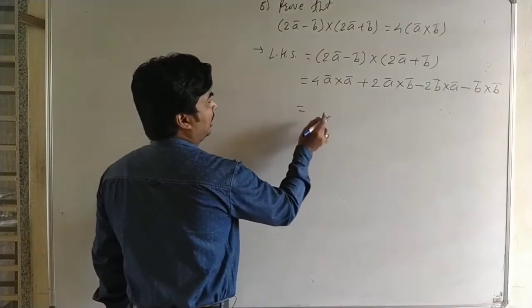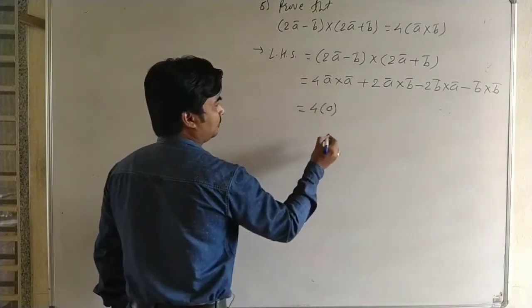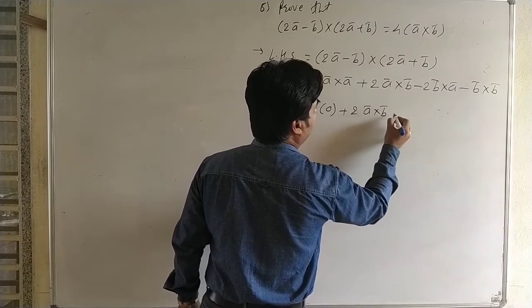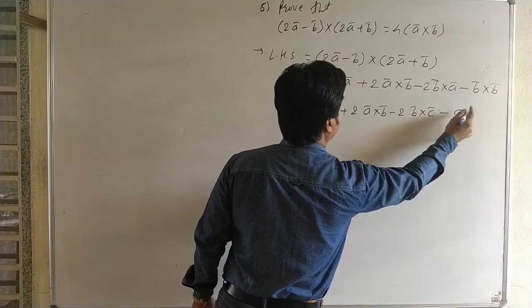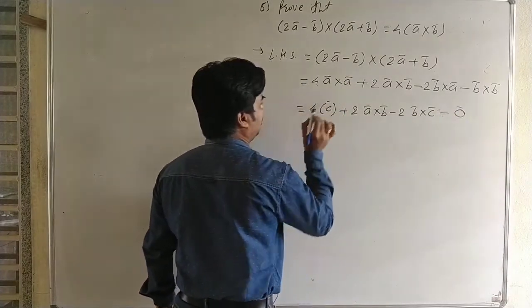Then we know that the cross product of the same vector is a 0, plus 2 into a bar cross b bar and minus 2 into b bar cross a bar, minus 0. Cross product of the same vector is a 0 vector.